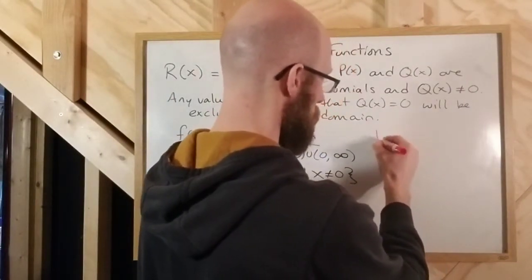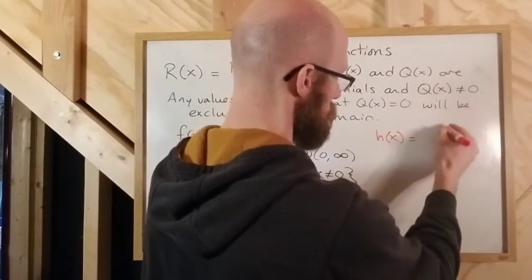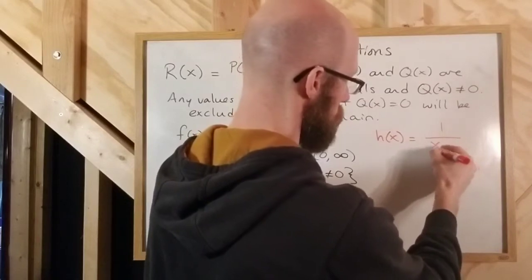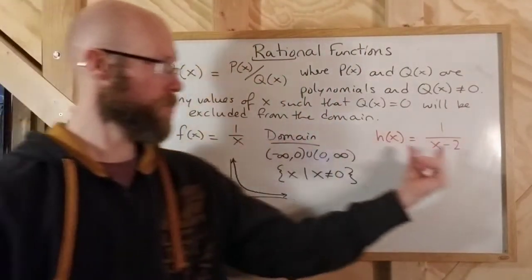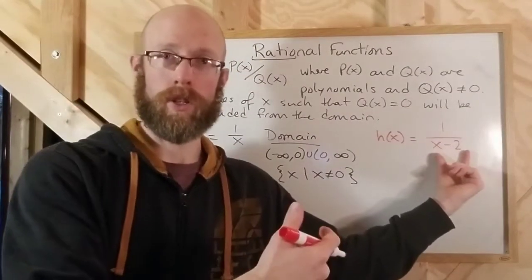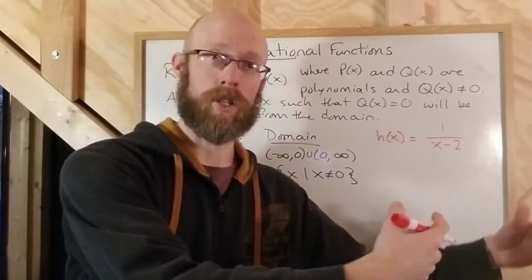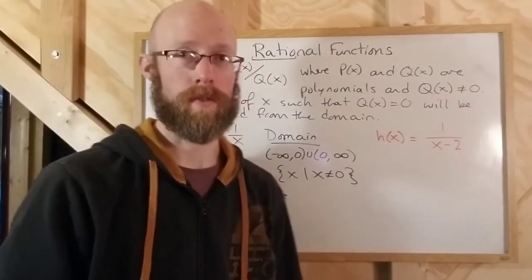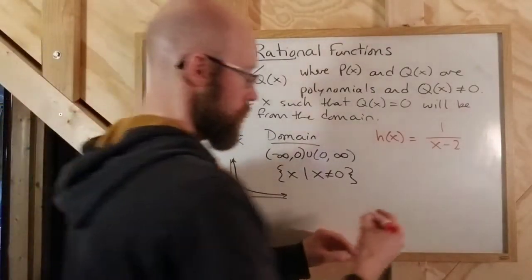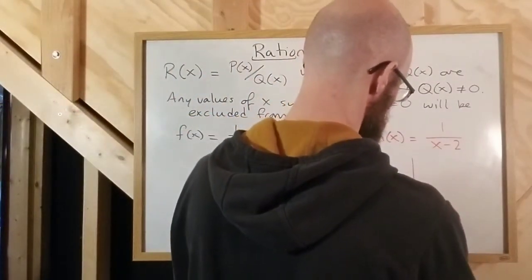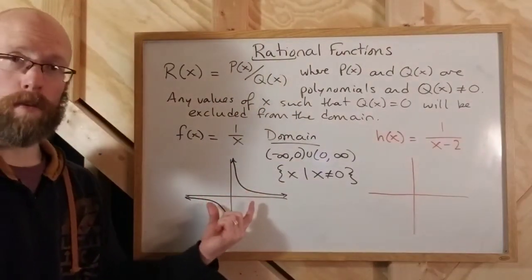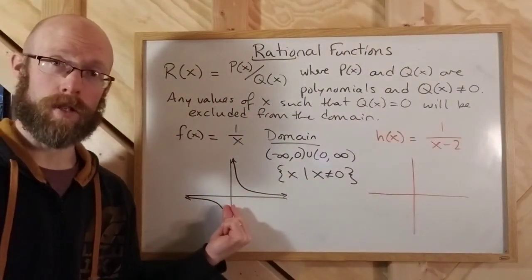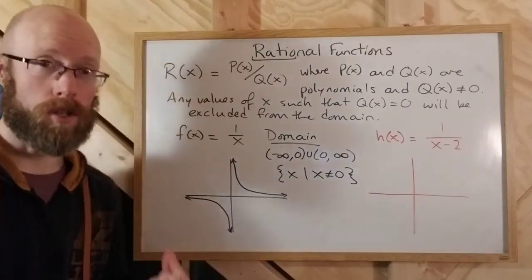So I'd have maybe h of x equals 1 over x minus 2. Remember, if you replace the x with x minus 2, that's a right shift of 2 units, okay? And so what I would get is now the same sort of graph, same shape, but now the vertical asymptote is not at 0, it's going to move over to 2.